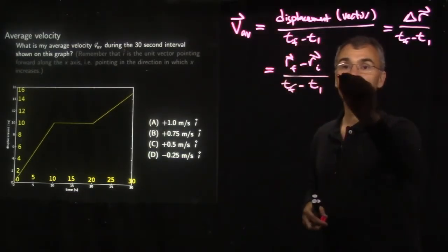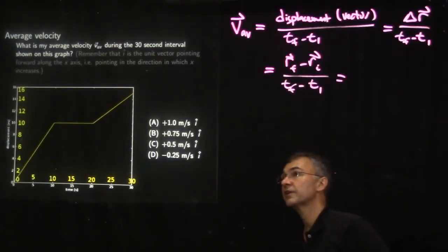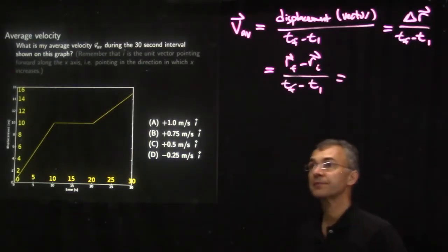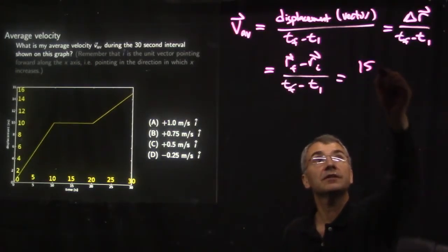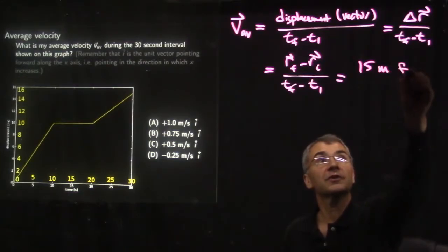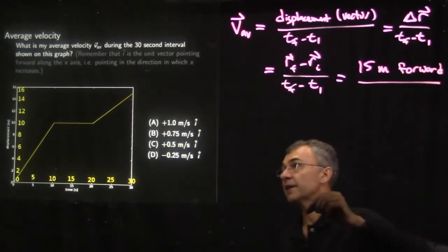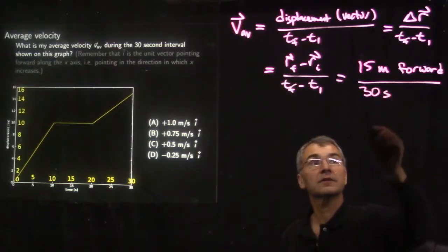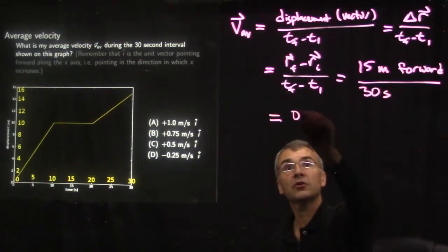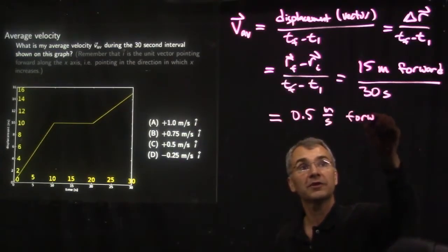So what is my displacement? My displacement is 15 meters forward. So I would say this is 15 meters forward divided by 30 seconds. So that is 0.5 meters per second forward.